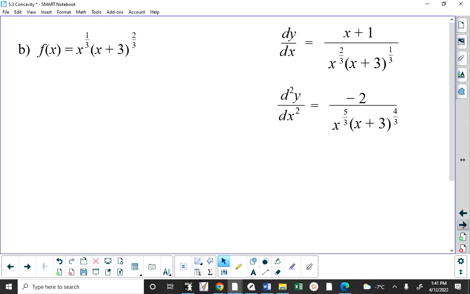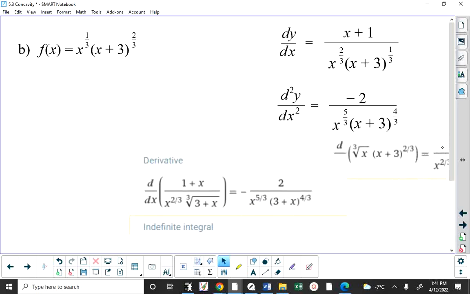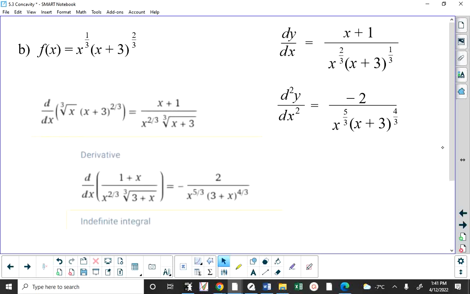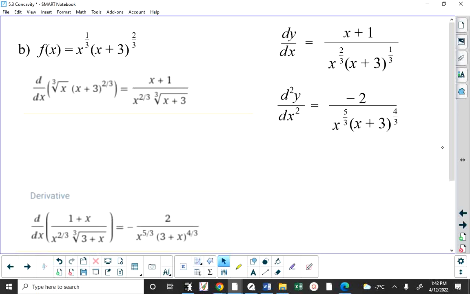While you're writing them down, I'm going to just make sure that they are correct, because that would certainly be an unkind move on my part if I gave you the wrong derivative. The derivative of x to the third times (x plus 3) to the 2/3 is (x plus 1) over x to the 2/3, (x plus 3) to the third.